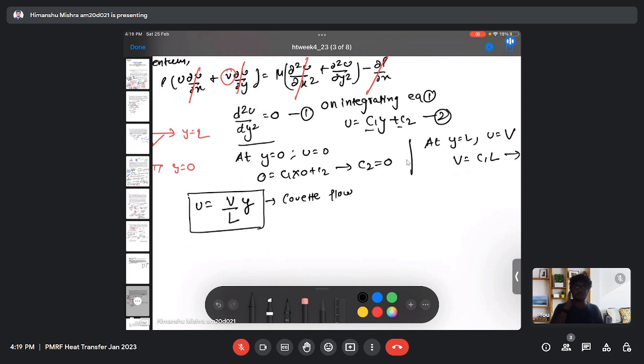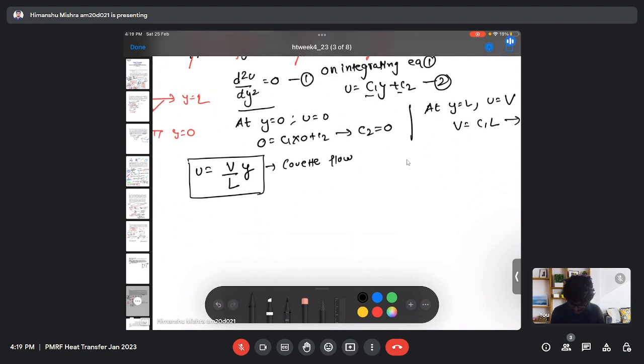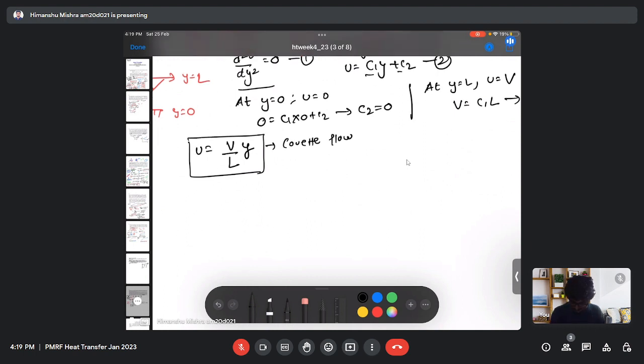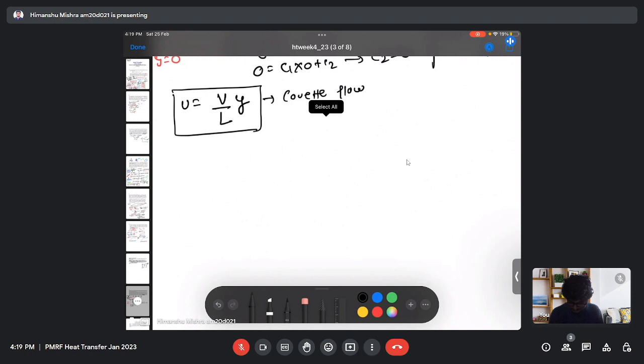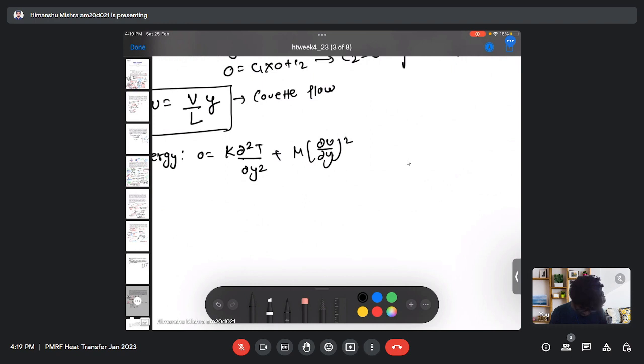Now we need to find the variation of temperature. So for that we will be solving the energy equation. So I will just write the simplified version of the equation with assumptions. So this is my energy equation.